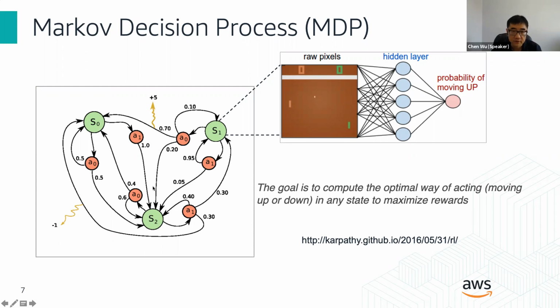The idea of reinforcement learning is trying to figure out a policy where for each state, you know exactly what action to take such that the overall accumulated reward is maximized. So hopefully that gives you the basic idea about MDP and reinforcement learning.